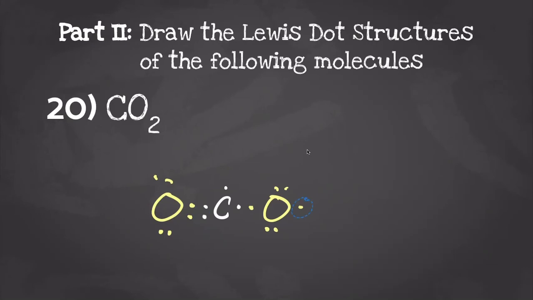The other oxygen will share another electron. And that electron from carbon will also move there. Carbon now has 2 double bonds on both sides. This oxygen will have 8. This oxygen will have 8. And my carbon will have 8.